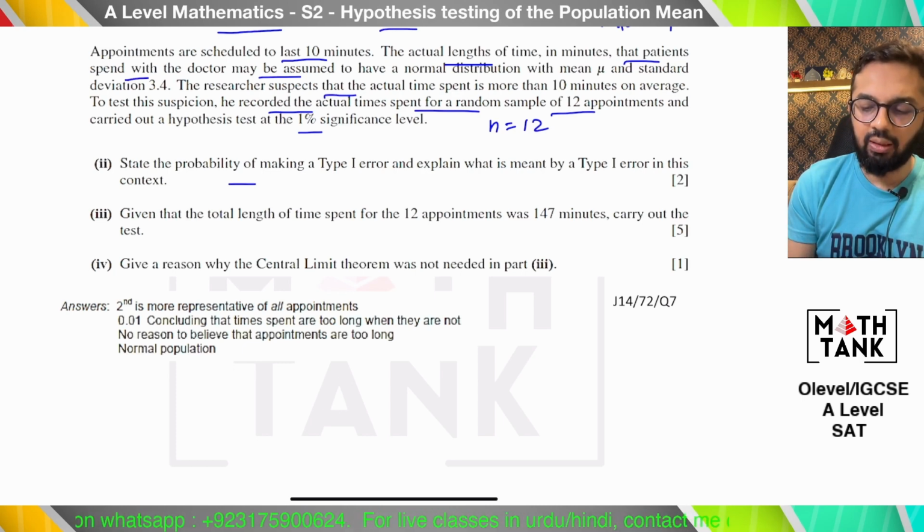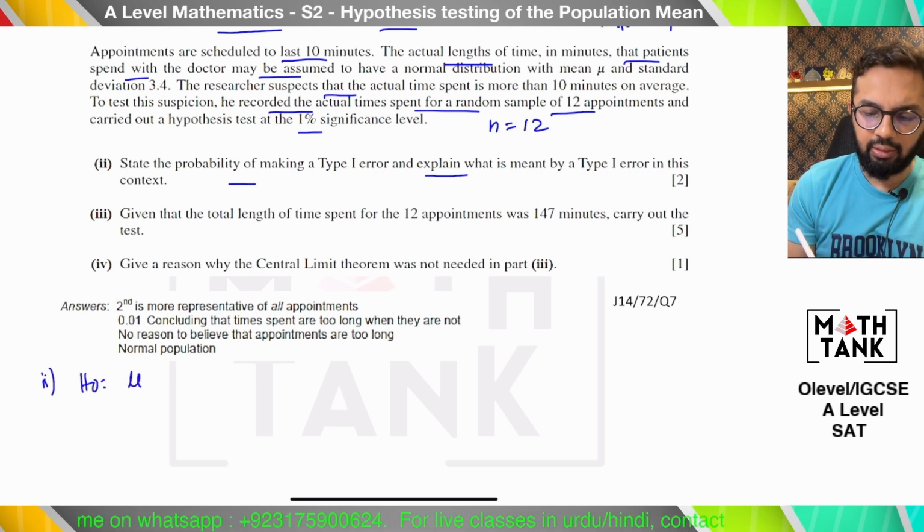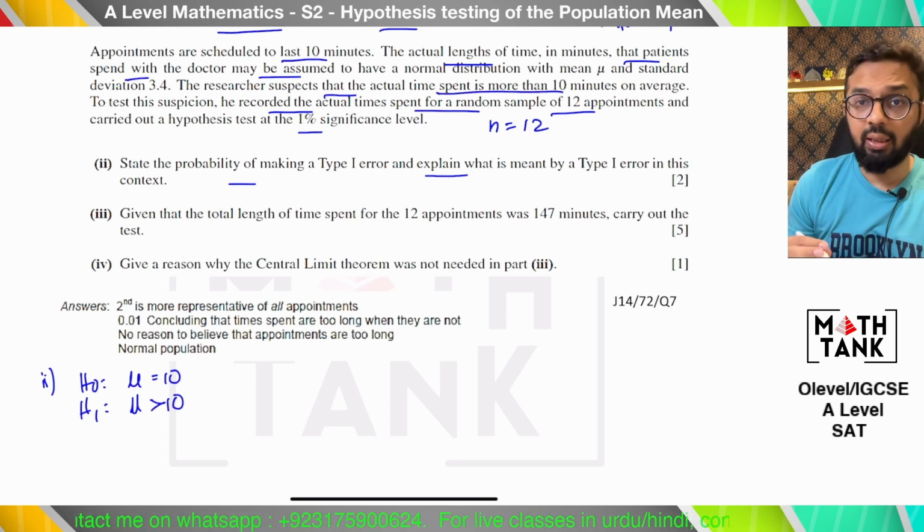State the probability of making a type 1 error and explain what is meant by a type 1 error in this context. So first I'm going to write my H naught: mu is 10, and H1 says mu is more than 10 minutes. Actual time spent is more than 10 minutes.